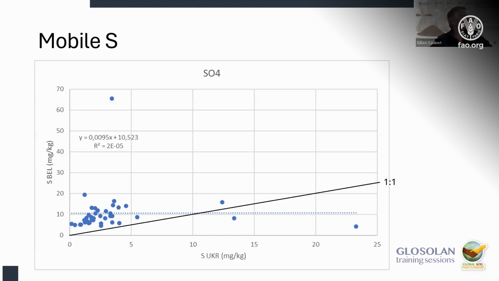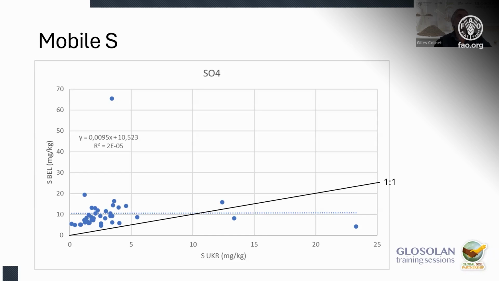Yeah, we really never measure sulfur in soil, but recently the lab asked to add sulfur in the proficiency test because they think that there is a trend. It is supposed that with the cleaning of the emissions from the industrial activities, there is less sulfur that goes to the soil.